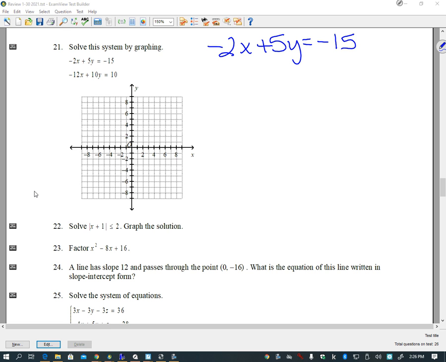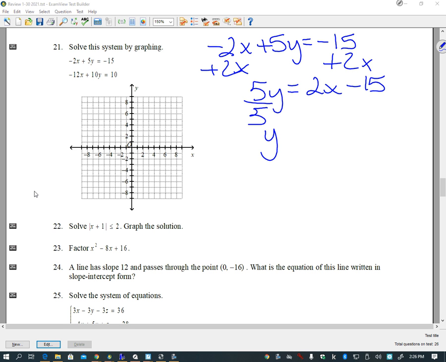We just want to add 2x, because we want to move it to the other side. So we got 5y equals 2x minus 15. Chandler, what's next? Divide by 5 on both sides. What am I dividing by 5 on the right-hand side? Everything. So I need 2/5 x, and what's negative 15 divided by 5? Negative 3.